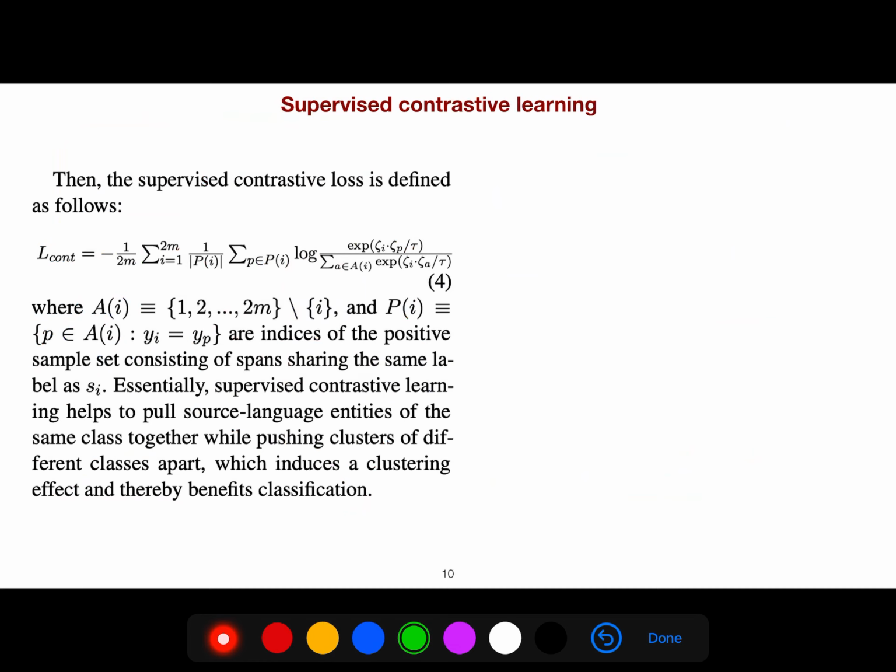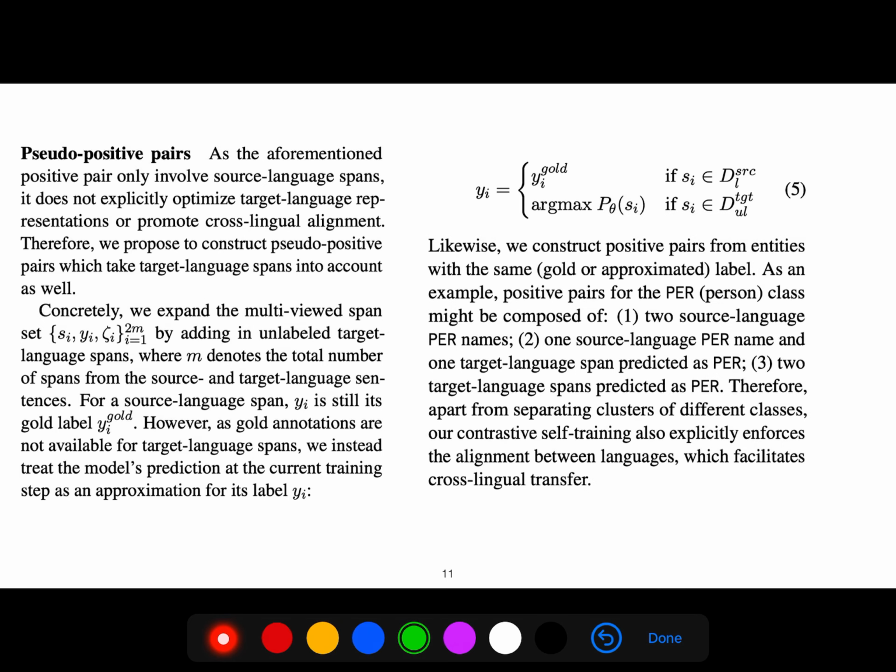The supervised contrastive loss is just the log of this fraction. Supervised contrastive learning helps to pull source language entities of the same class together while pushing clusters of different classes apart, which introduces a clustering effect and thereby benefits classification.